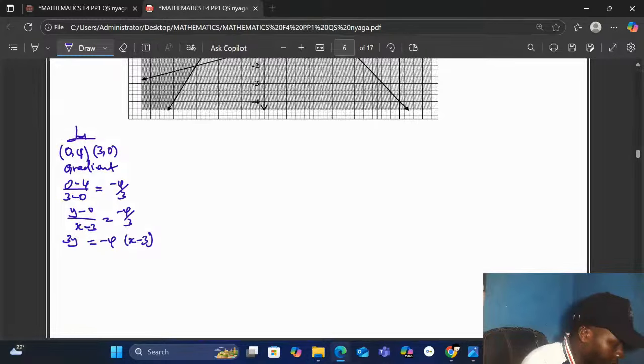So open the bracket: 3y is equal to negative 4x plus 12. We divide by 3, and we have y equal to negative 4 over 3 x plus 4.